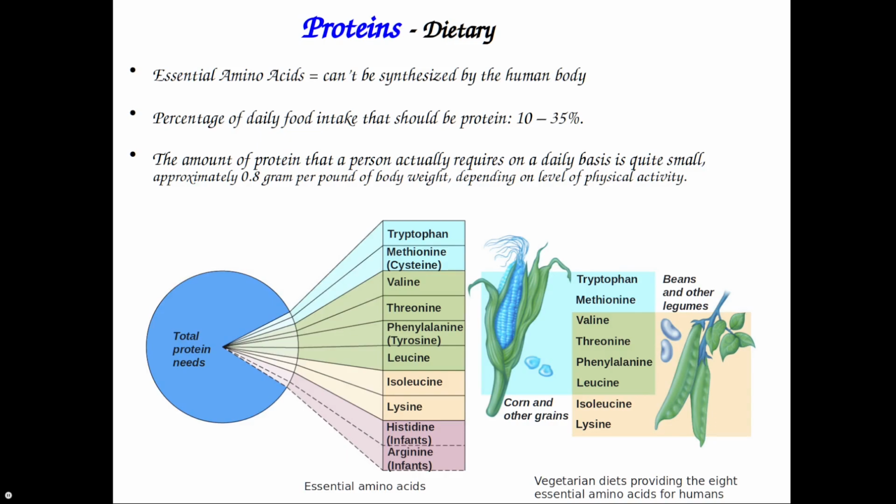Proteins which do not have all essential amino acids are named incomplete proteins, and mostly incomplete proteins are proteins from plants. Proteins from animal sources are much better because they include more essential amino acids.